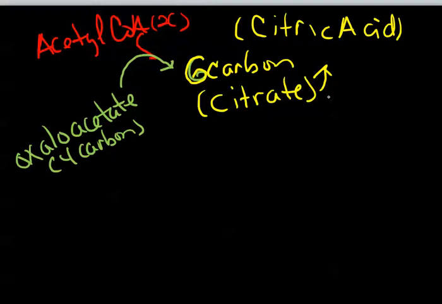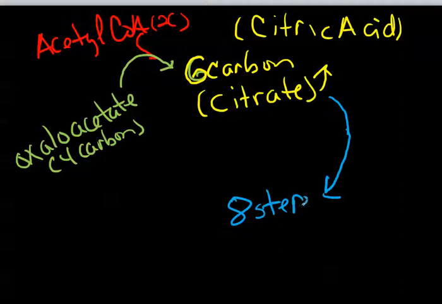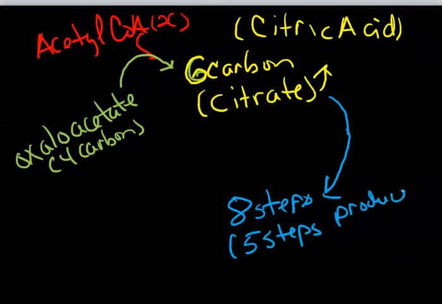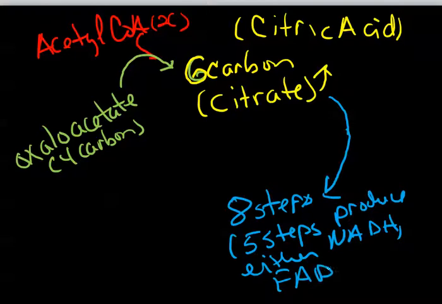Now, as this continues, there's 8 steps for the whole thing. You don't need to know the steps. And 5 steps produce either NADH, FADH2, which is another proton carrier, or ATP.